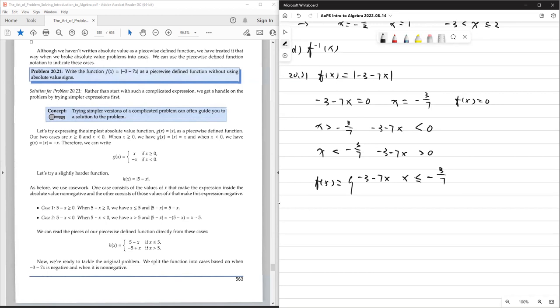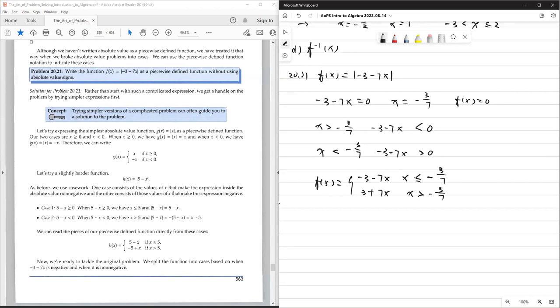We'll just leave it with the first term. If it's less than that, then this whole thing is less than 0, so the result is negative that: -(3 + 7x) when x is less than -3/7.